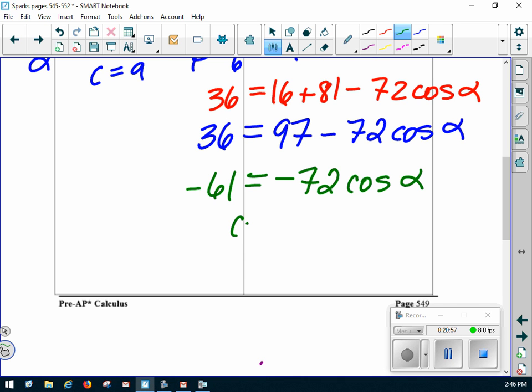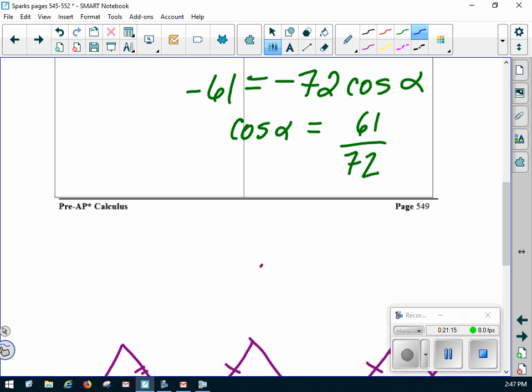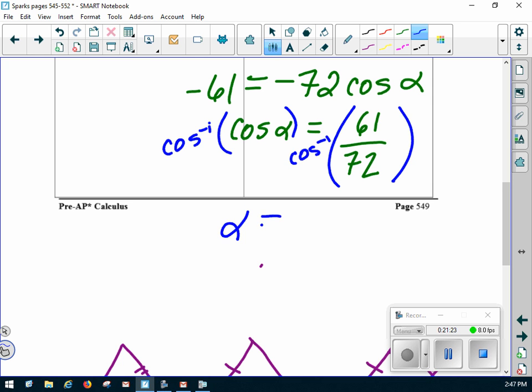So I've got cosine alpha equals 61 over 72. What now? The inverse of cosine. Cosine inverse. That's going to figure what alpha is.